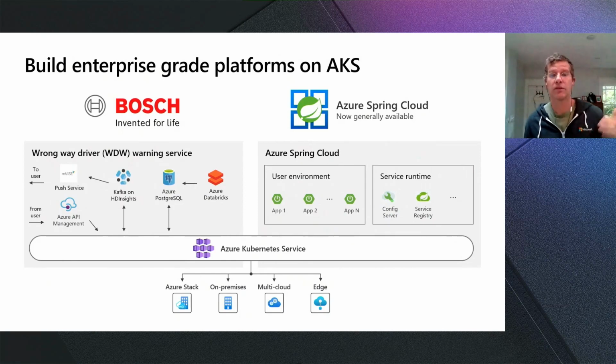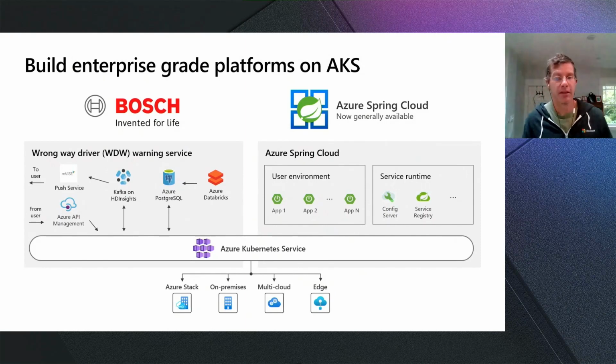And so they were using things like Azure API Management that make it super easy to do authentication, authorization, rate limiting. They're using Kafka on HDInsight for messaging, PostgreSQL and Azure Databricks for doing data analysis and machine learning.